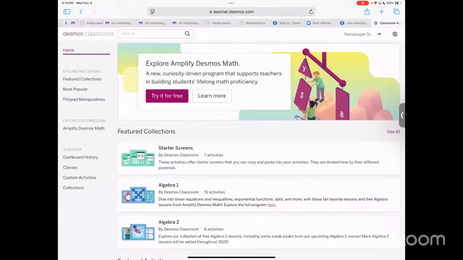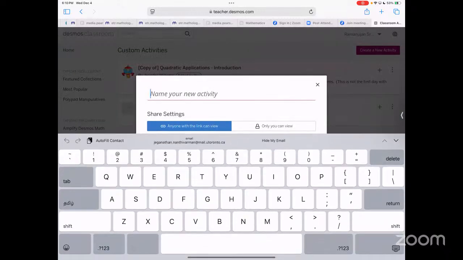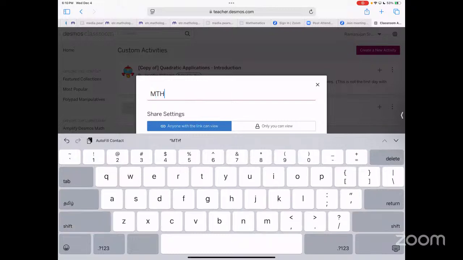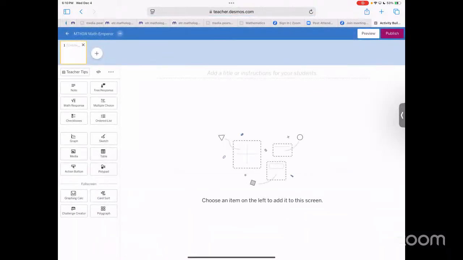I think I have a smarter way to execute things: custom activities. This is going to be math. Okay, pretty cool. Create this activity. And then I'm going to add a couple of slides.